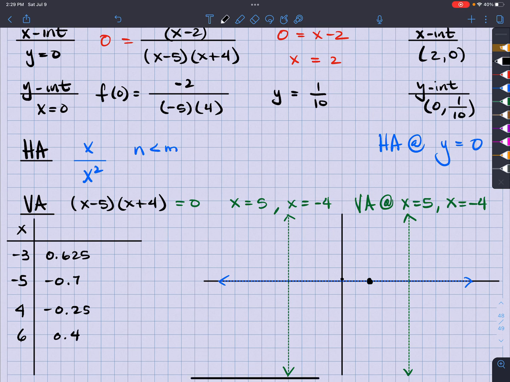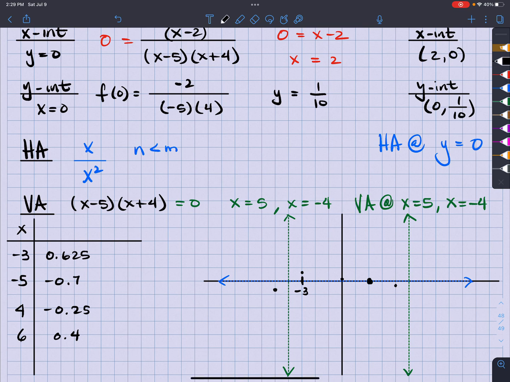Okay, so let's take a look at what's going on. At -3, I'm going to have a positive 0.625, so just above half. At -5, I'm going to have -0.7, again a little more than half. At 4, I'm going to have -0.25.